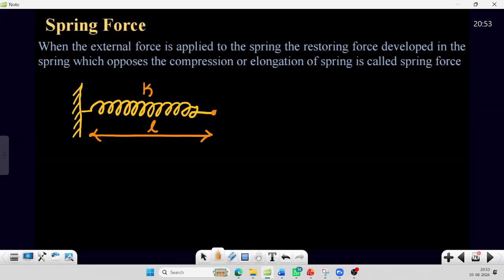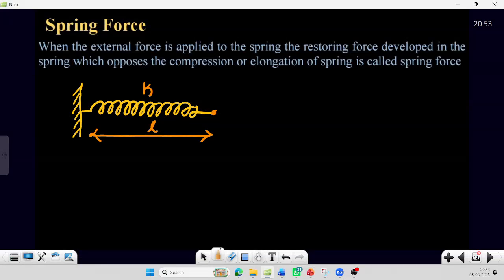Based upon the stiffness, whether it is very strong or not, we can decide by the spring constant. If the spring constant is high, that means it is very strong. To deform or change it, we require more external force. Where K is the spring constant, L is the natural length of the spring.